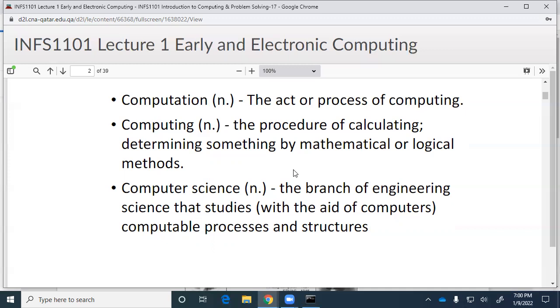So we're going to spend a bit of time talking about computational thinking in this course. We're going to break it down into a bunch of different ideas so that we can break problems into solvable chunks. And so we're going to spend a lot of time with that. The word computing has been around a long time.